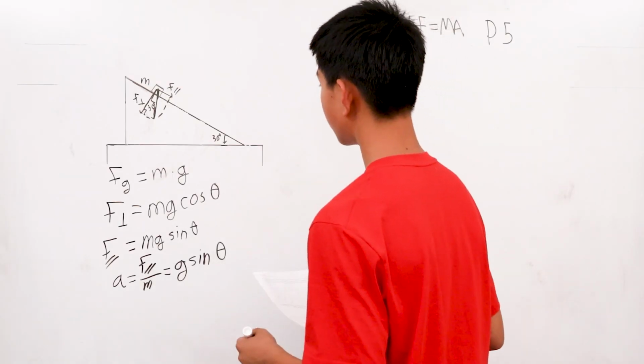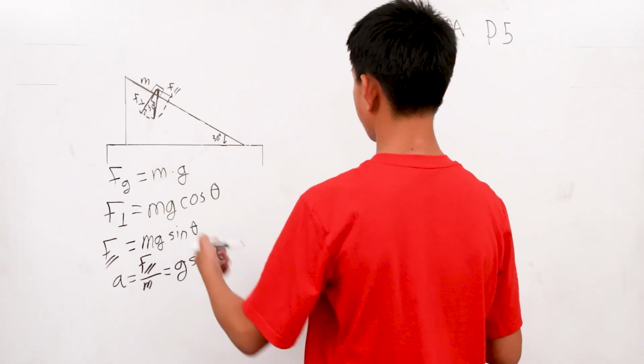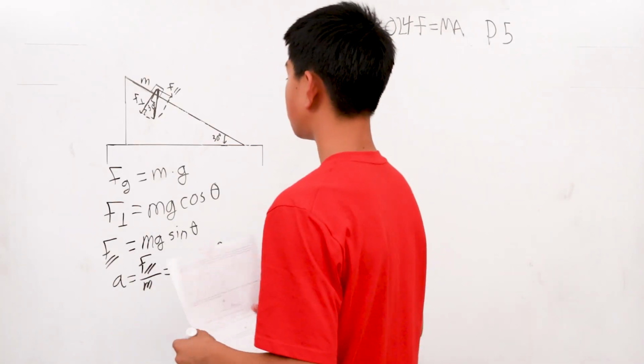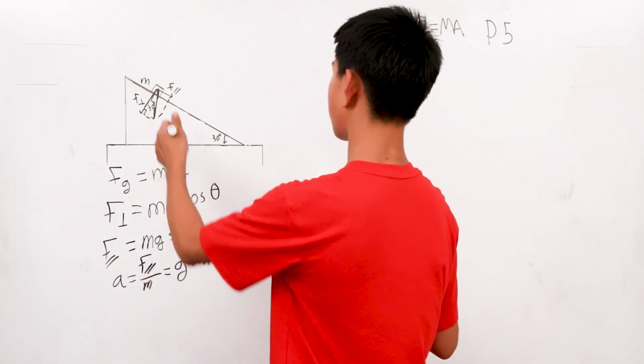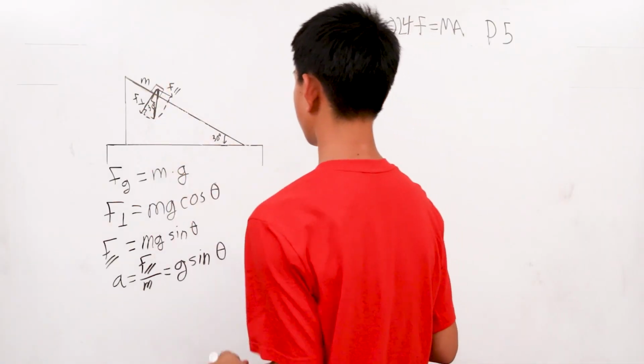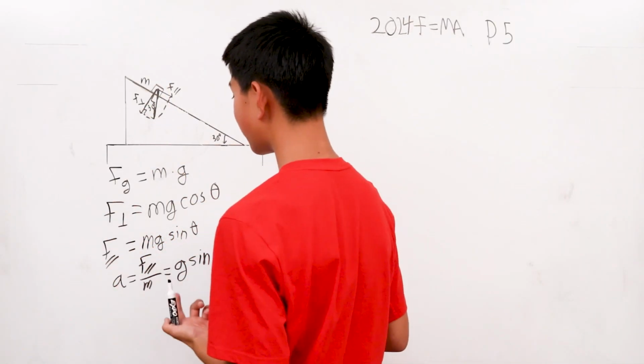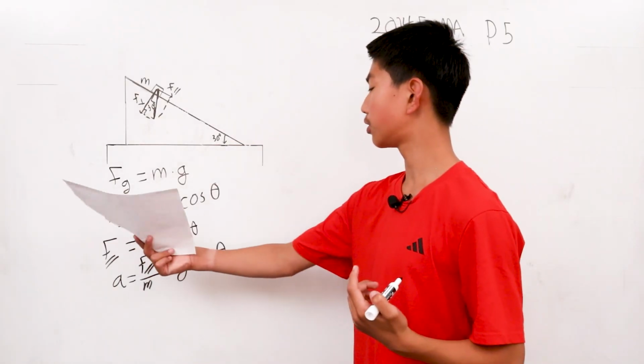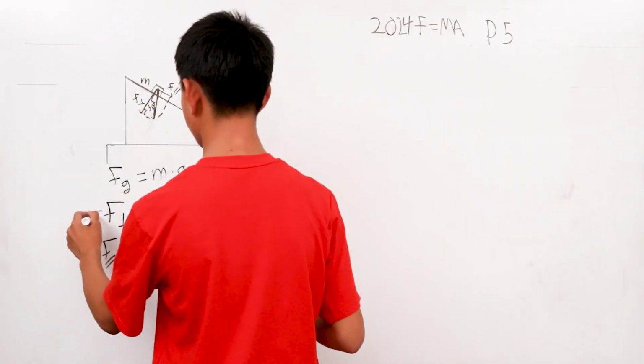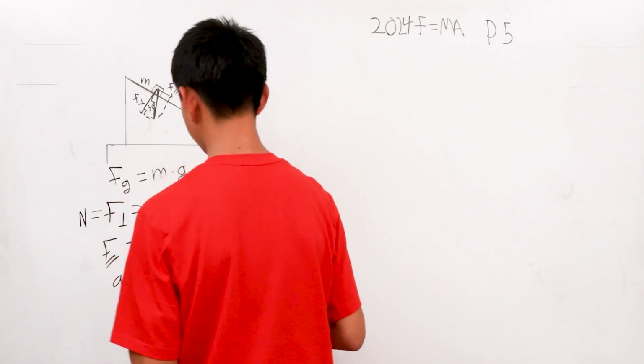Okay. Now, since the normal force is perpendicular, we can say that this F perpendicular is equal to the normal force, which we just denote by the variable n.